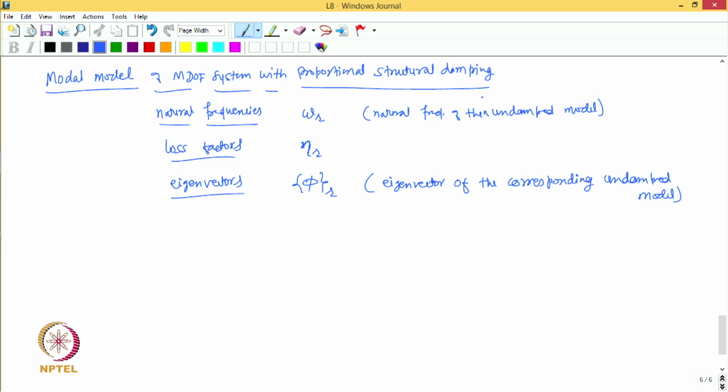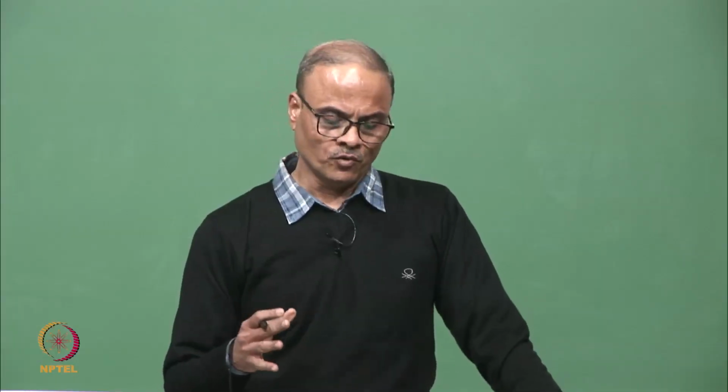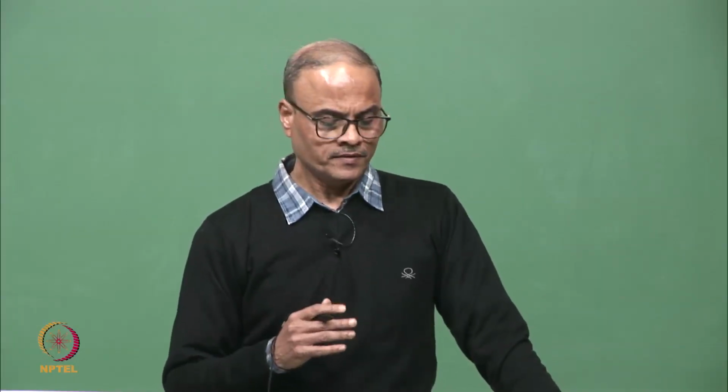Let me add the word corresponding here also. And then all these quantities are defined for r equal to 1, 2 up to n. So, there are n such natural frequencies, loss factors and eigenvectors. So, these quantities together make up what is called the modal model of the system.